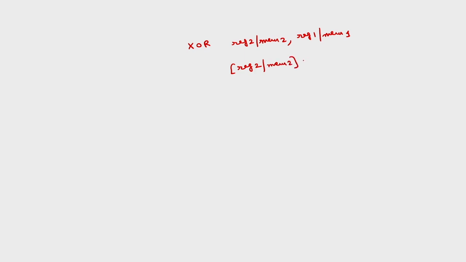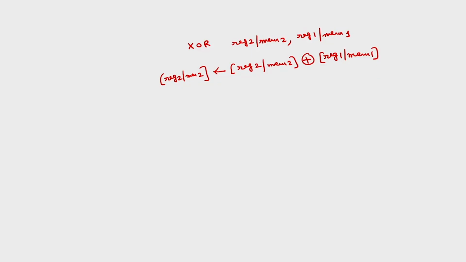Memory 2 will be exclusive ORed with the contents of register 1 slash memory 1, and the result is stored back to register 2 slash memory 2. So, these are about 5 logical instructions: 1's complement, 2's complement, OR operation, AND operation, exclusive OR operation.